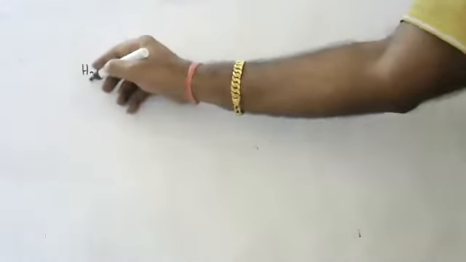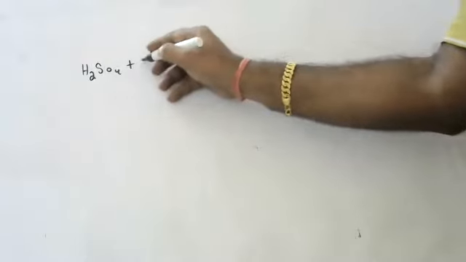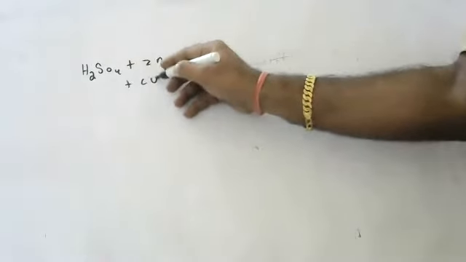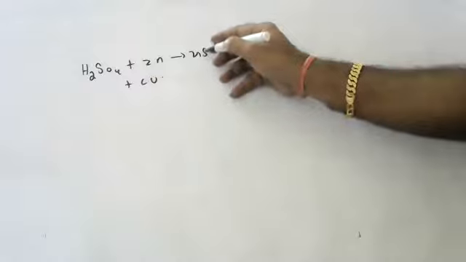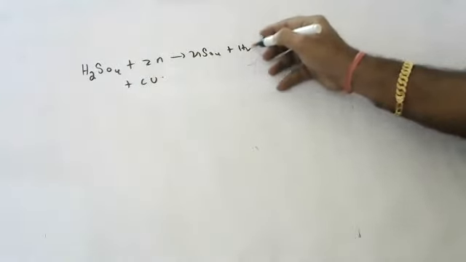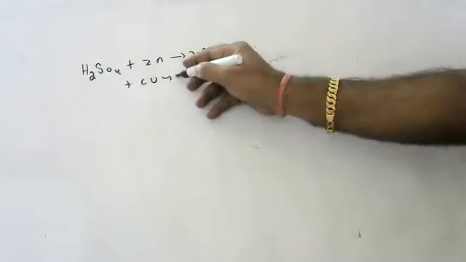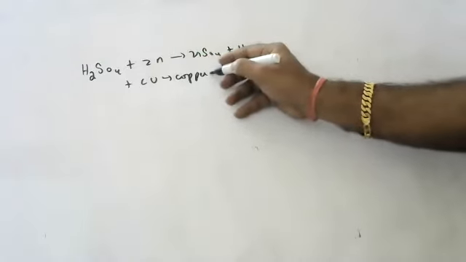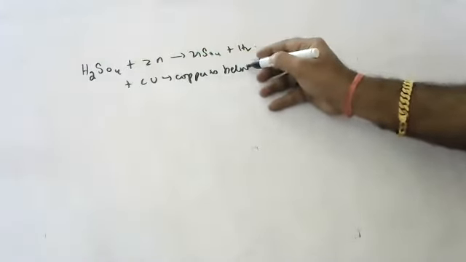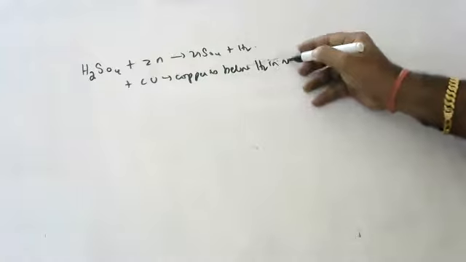From dilute sulfuric acid, zinc can liberate hydrogen gas, but copper cannot. Why, children? Copper is less reactive than hydrogen. Copper is present below hydrogen in the reactivity series.